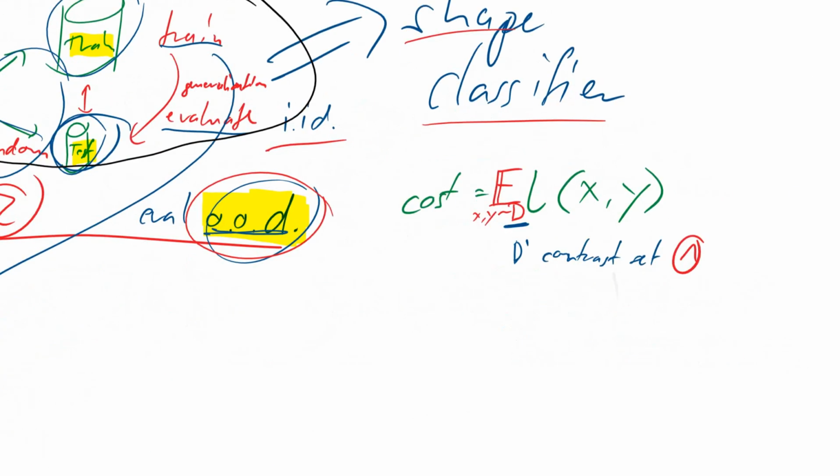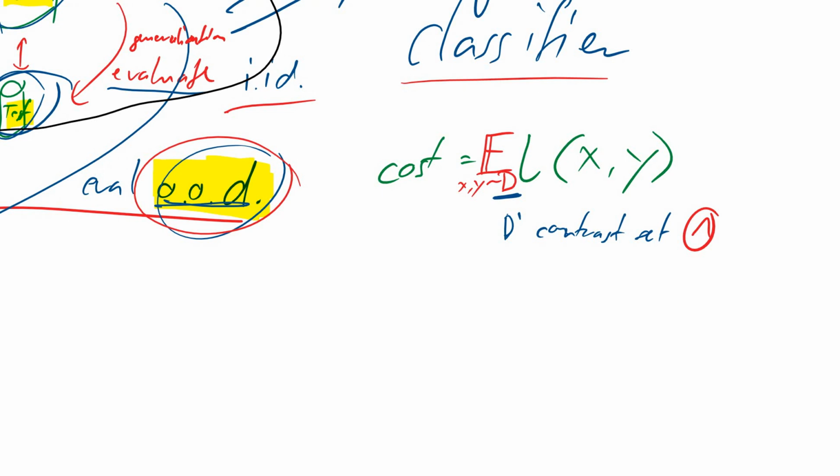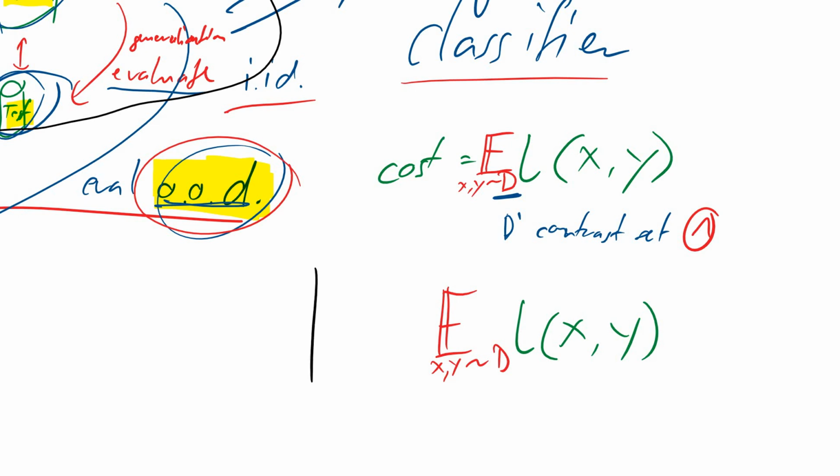What you would like to assess is your loss of x and y in expectation, with x and y coming from data, in expectation, with your data distribution coming from all possible data distributions in the real world, right? That's what you would like to do.